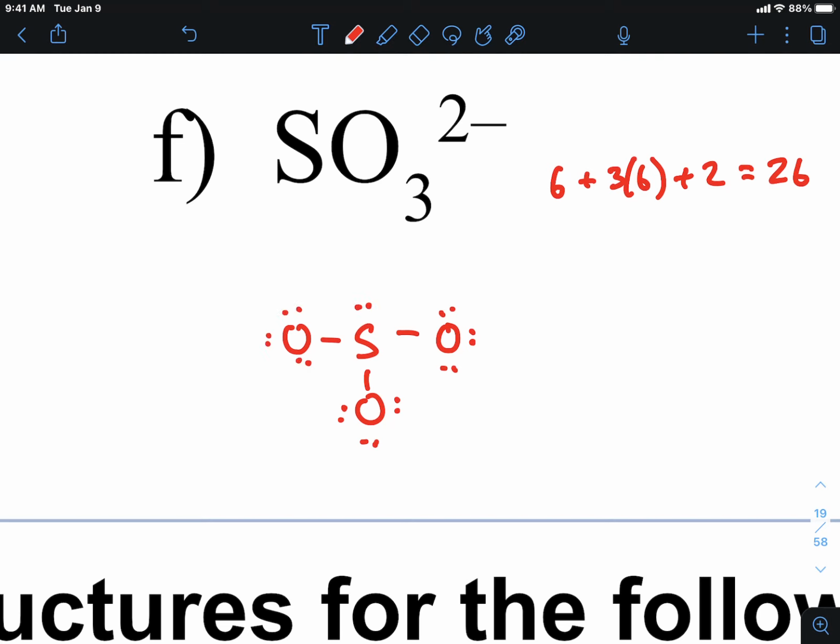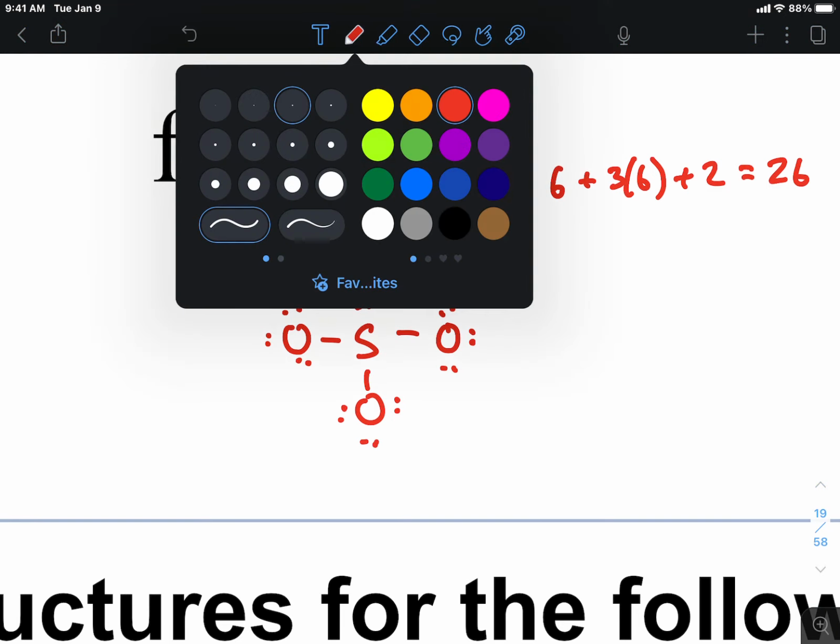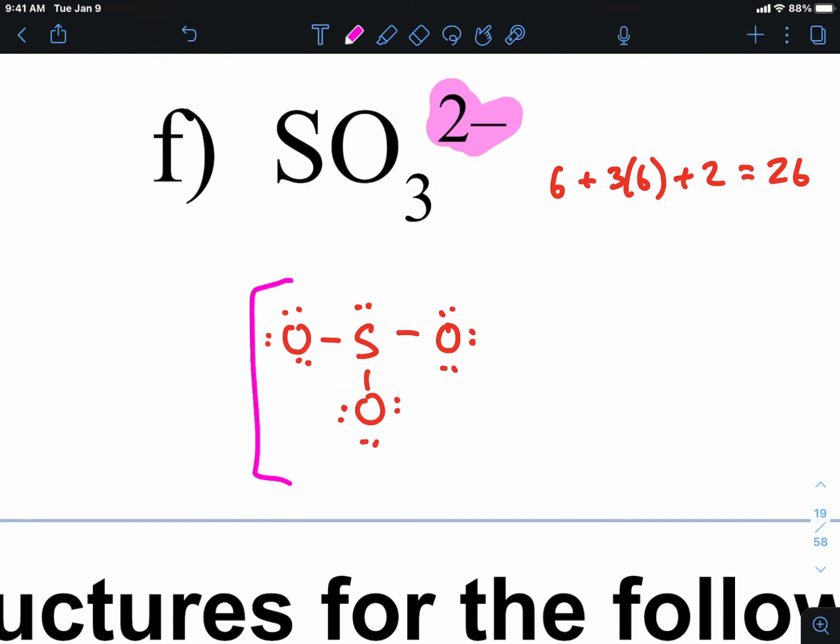And there we go. 3 groups of 8 and an extra lone pair, so that's a total of 26. Now, because this was an ion, whenever you have a polyatomic ion that you're drawing, you have to put brackets around the structure with a charge in the corner to signify that it is an ion, just to make it stand out.